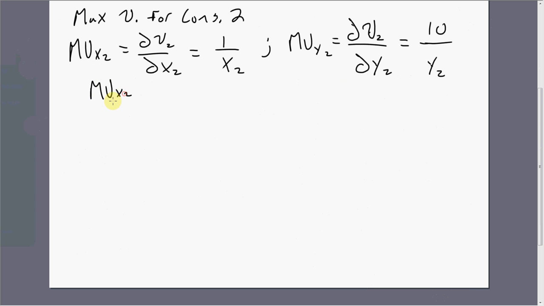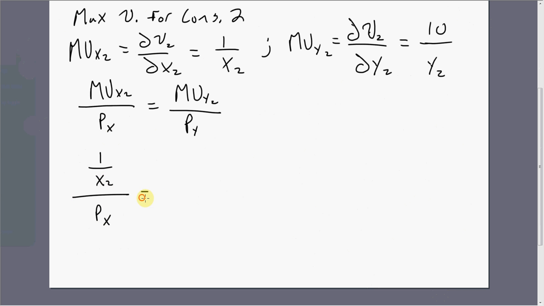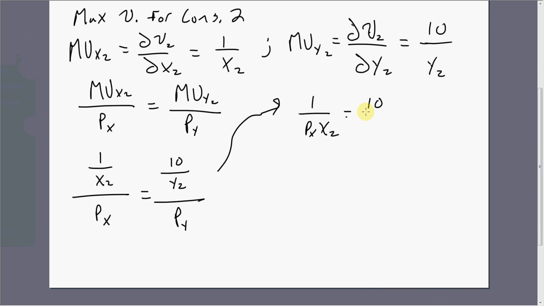As before, we set up the optimizing condition. Plug in our marginal utilities in this expression, and then we're going to simplify. Okay, so simplifying like we did before, we'll be left with this result.